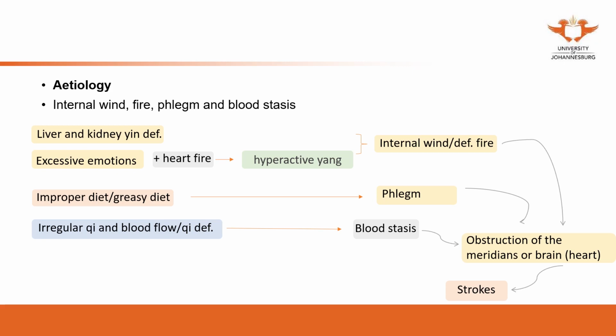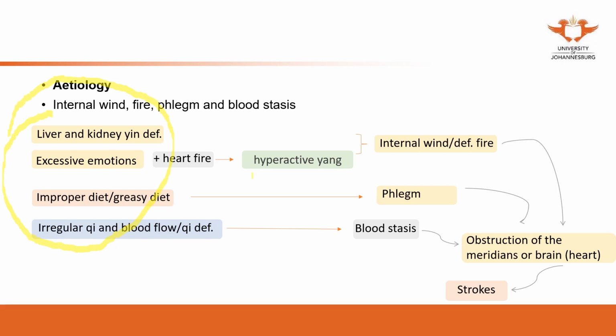These are where the internal wind comes from. So for the pathogenesis, the stroke is mainly the obstruction of the meridians of the brain or the heart. Our treatment may focus on these aspects. That's something you can think about when you see a patient.